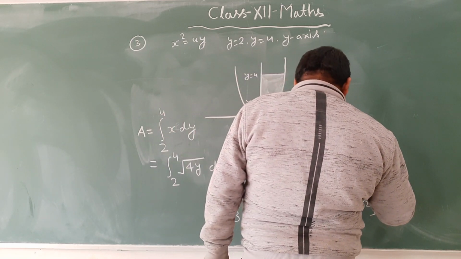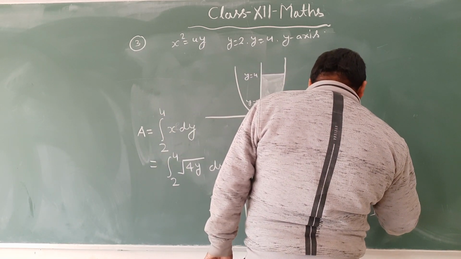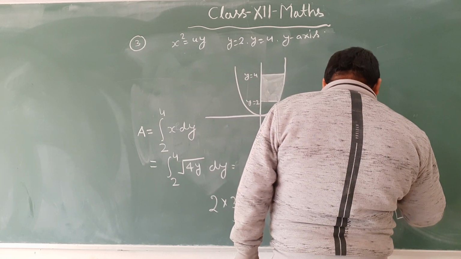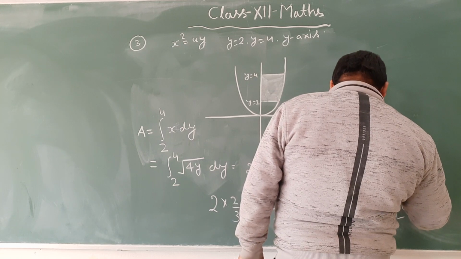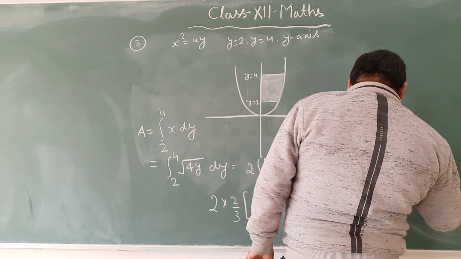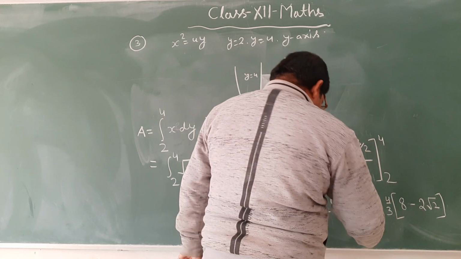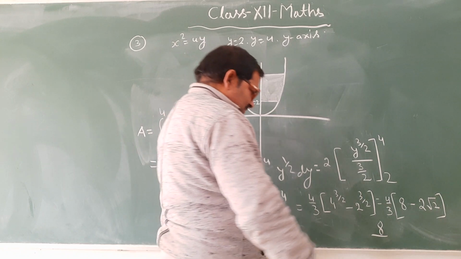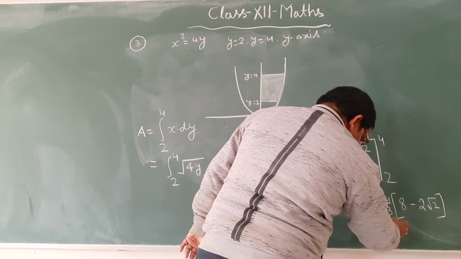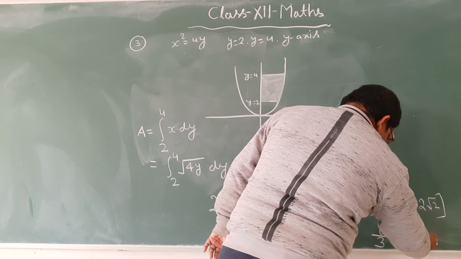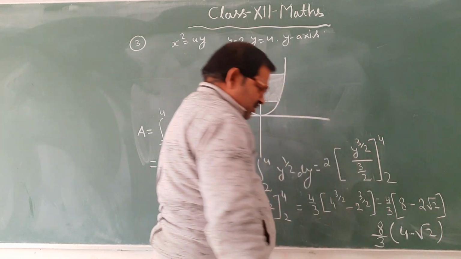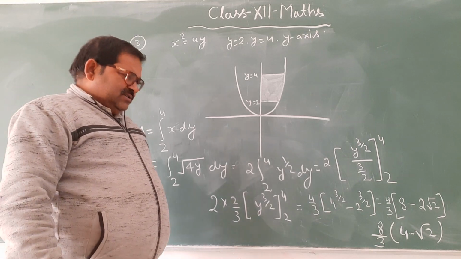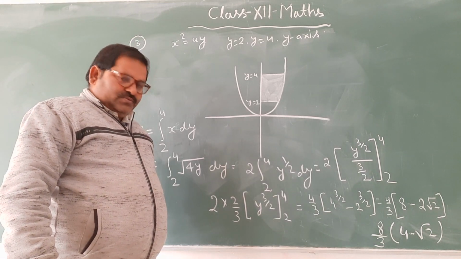That's equal to 4 by 3 into 8 minus 2 under root 2, that's equal to 8 by 3 into 4 minus under root 2.